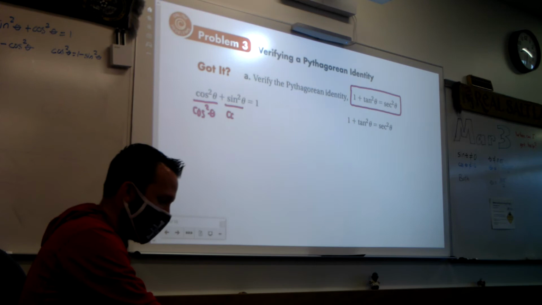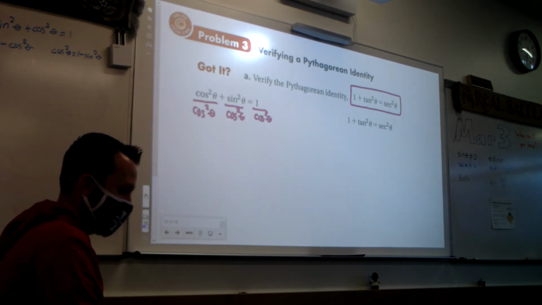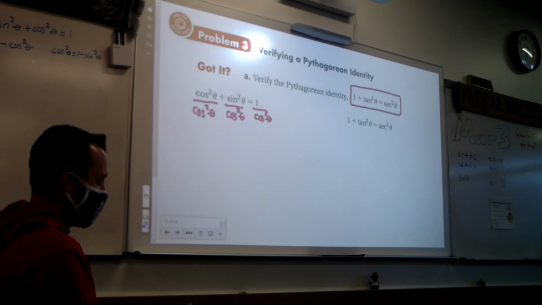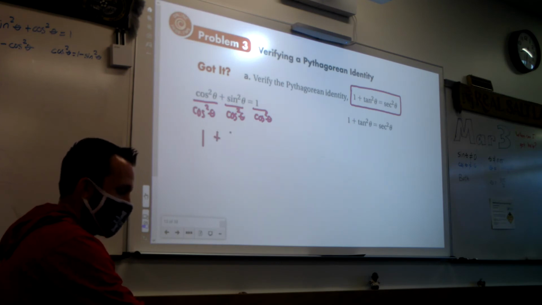But if I divide one thing by cosine squared, what do I have to divide everything else by? So I'm going to divide everything by cosine squared. What is cosine squared divided by cosine squared? 1. What is sine squared over cosine squared? That's tangent, but since they're all squared, it's tangent squared of theta.